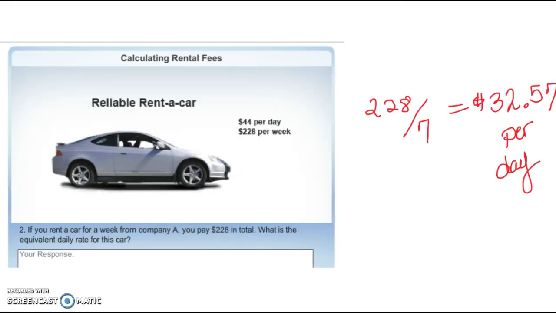All right, so for the daily rate, there are 7 days in a week, so $228 divided by 7 gives you an average daily rate of $32.57. You can see that's definitely less than that $44 a day. So a weekly rate ends up being a lower daily rate. Of course, you have to rent it for a whole week to get that daily rate.